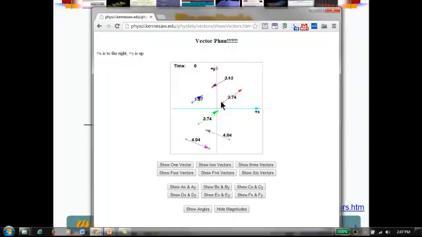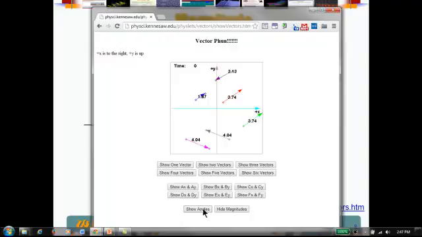This is the magnitude of the vectors. For example, this is 374, this is 374. So these 2 vectors look like they have the same magnitude and the same direction as well. This one looks like it's a little smaller, but it also has a different direction. This is quite a bit smaller, and so on.